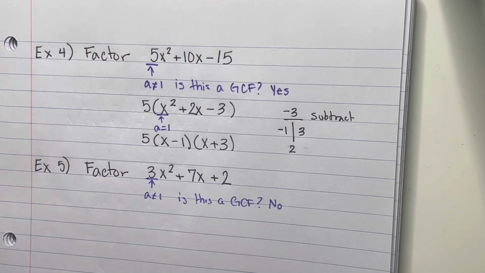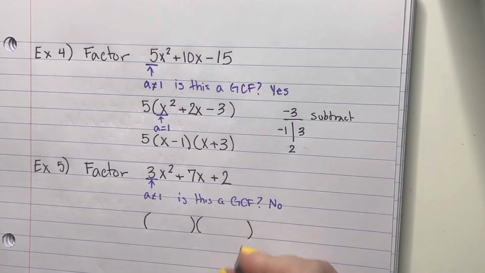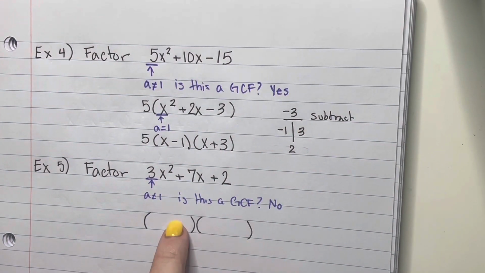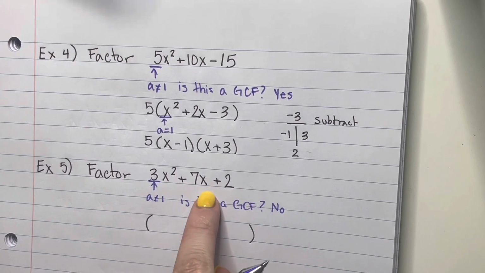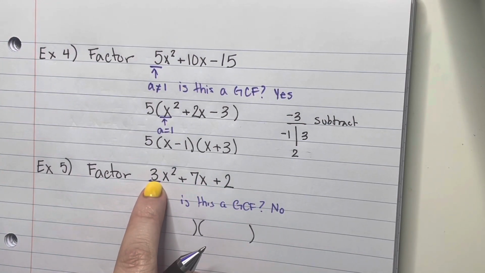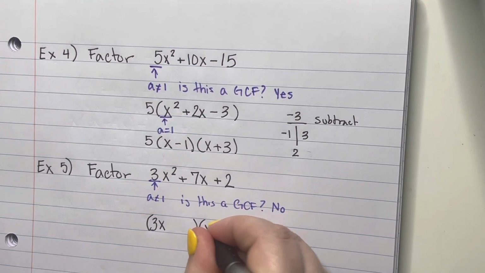So now I need to think of numbers that I can put in these positions, the four spaces, that's going to produce this trinomial when I multiply them together. For 3x squared, I can do 3x times x.